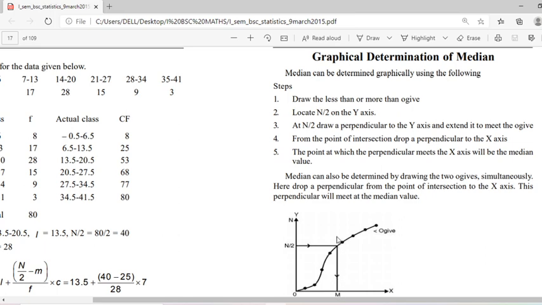This point will be the median. The point where the perpendicular meets the x-axis will be treated as the median.